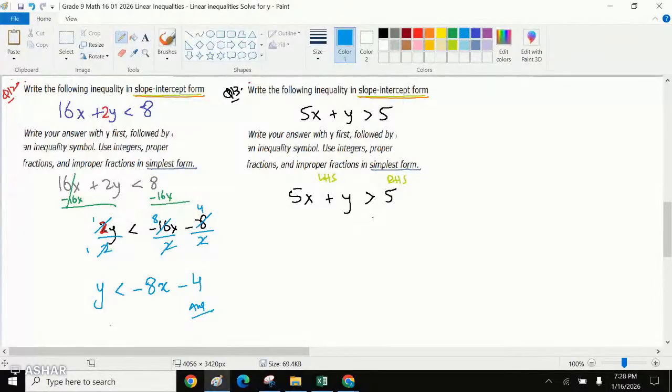So can I say that if we do a minus 5x on either sides, can we cancel this out? Plus 5x and minus 5x would be 0x, right? So can we say this is y is greater than minus 5x plus 5? And that is the final answer. Agreed?